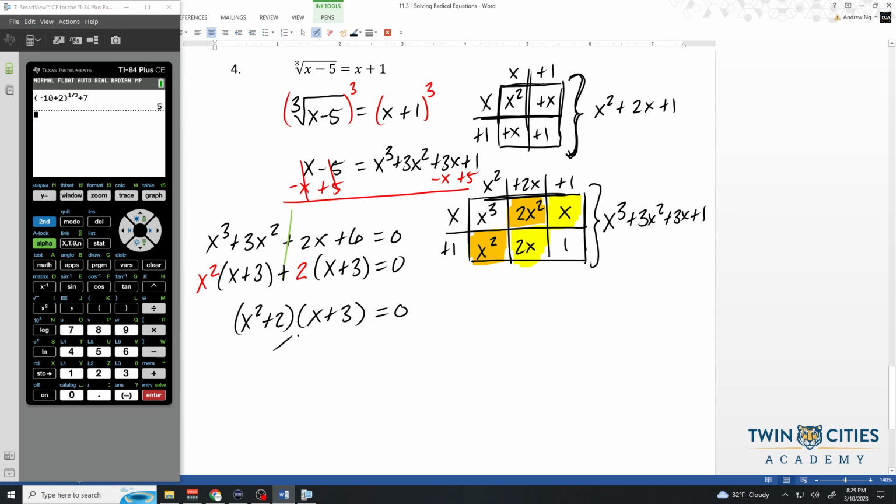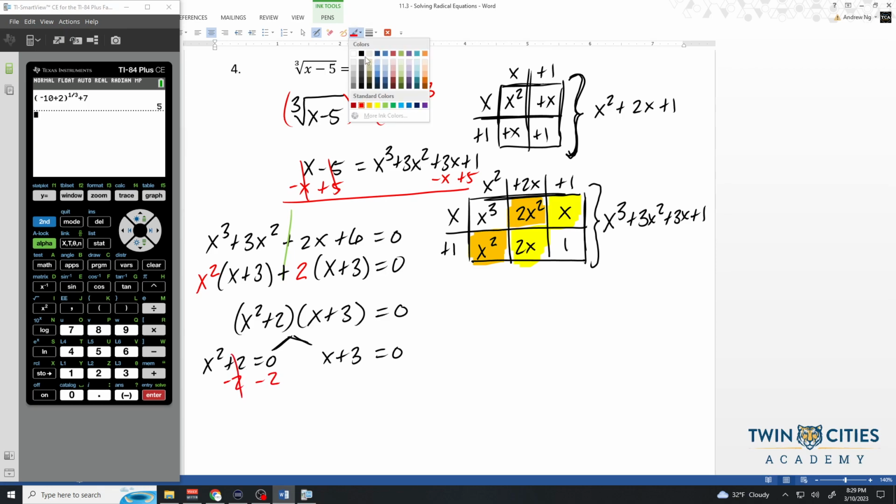Now, I can set each of these separately equal to 0 and solve. So x squared plus 2 is equal to 0, and x plus 3 is equal to 0. On the left side here, I'll end up subtracting 2 from both sides. So I'll get x squared is equal to negative 2.